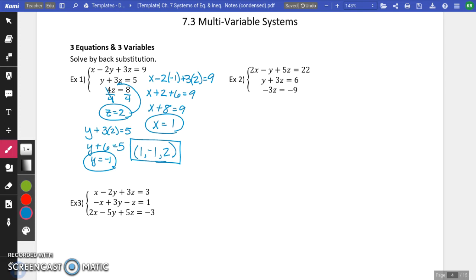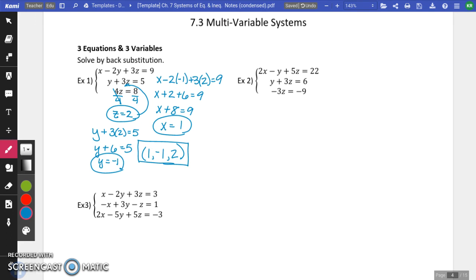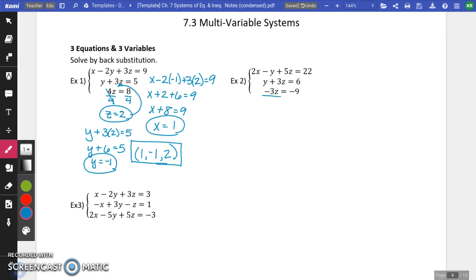We can do similarly with example 2. I can divide by -3. That's going to give you the value of z. I can take z, plug it into the second equation.